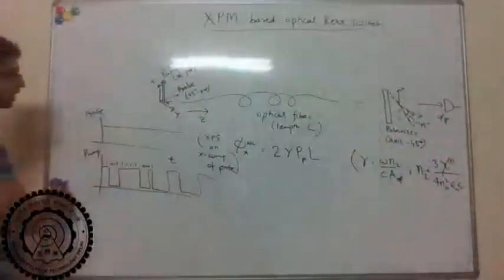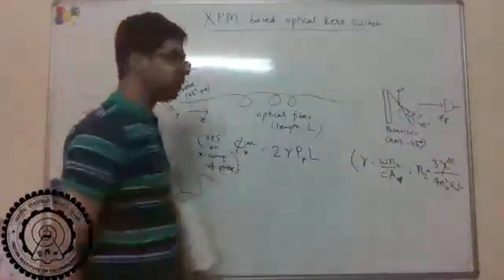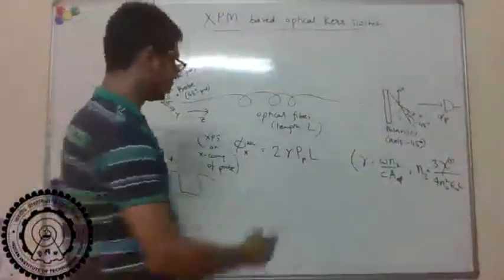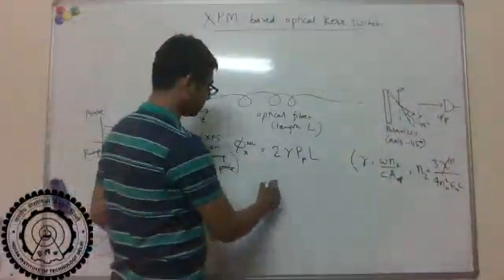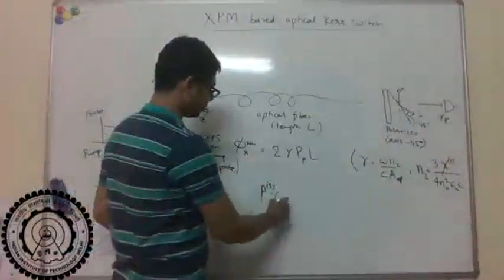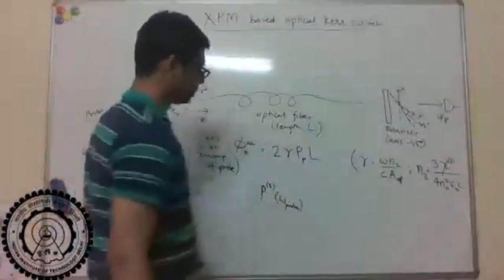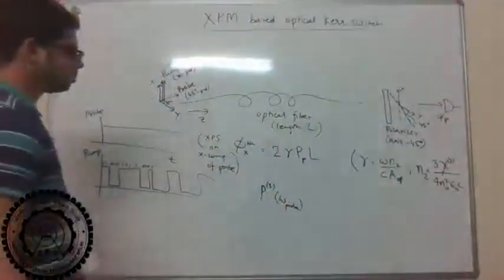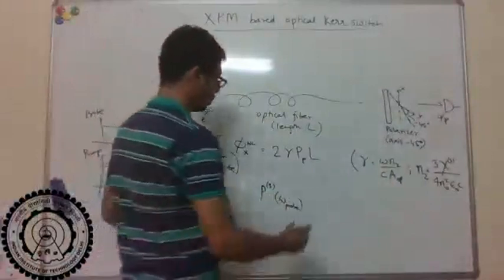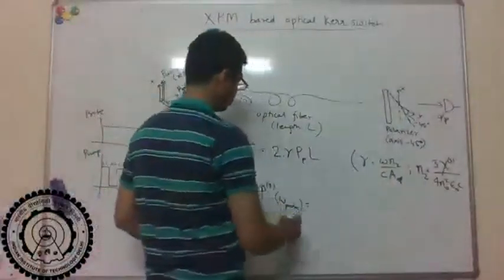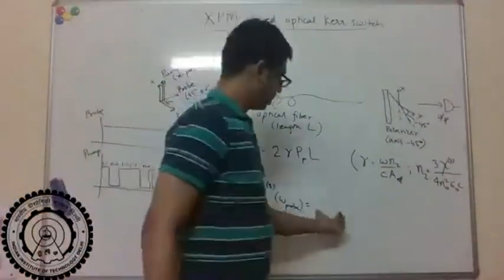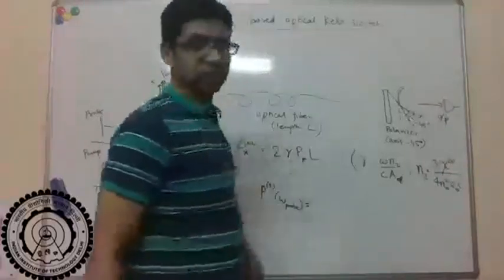So how do we get this? How did we derive this? We started from some nonlinear polarization. In this case, it will be at probe frequency. So how will we write the nonlinear polarization which gives rise to the cross phase shift?